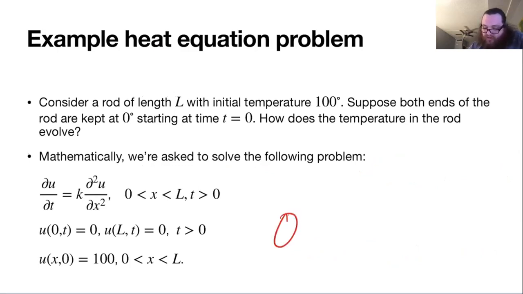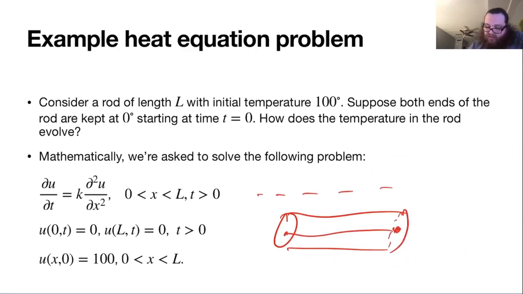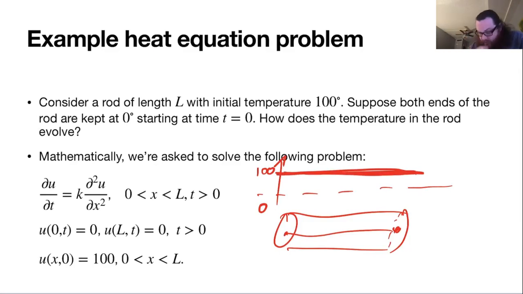That might look something like this, where this temperature we're going to say is 0 and then 100 is right there. So the initial condition is something like this, from x equals 0 to x equals L. Suppose both ends of the rod are kept at 0 degrees.